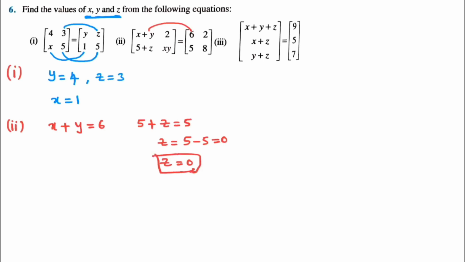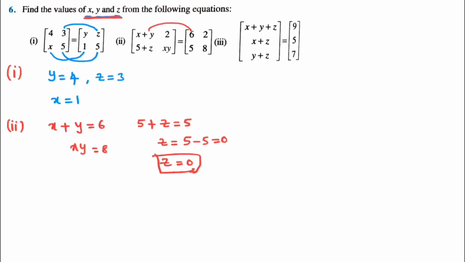Now observe these elements. Corresponding elements: as they have given equal symbol here, xy equal to 8. What do I need actually? I need x value, y value, z value. Here I got an equation in terms of x plus y and xy.